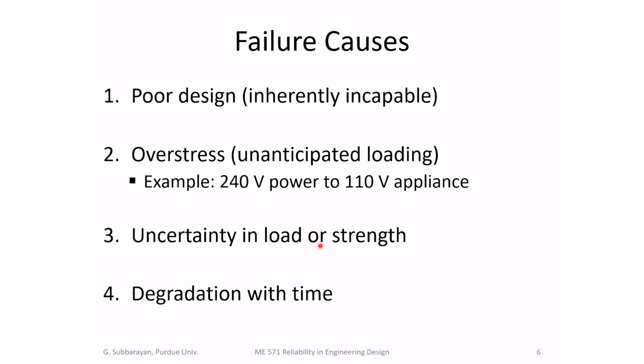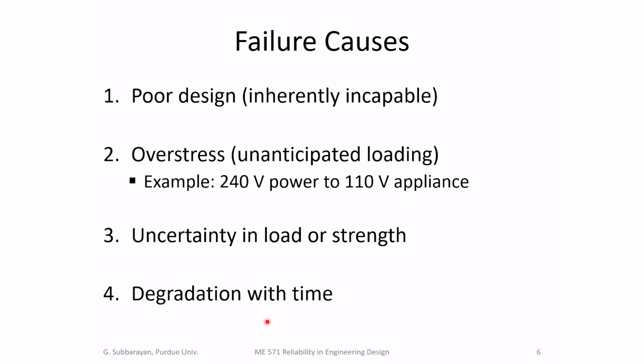The other cause, and this is really related to uncertainty in strength, is the degradation with time. What do I mean by that? All materials degrade in strength with time. I'll explain that in more detail later, but the strength of all materials degrades with time.